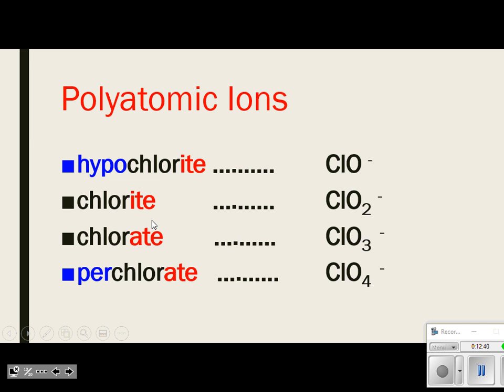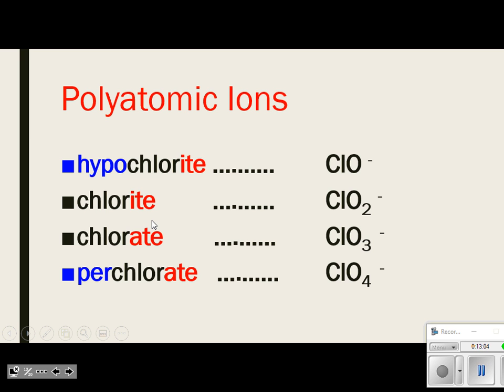What would perbromate be? Paige? BrO4, 1 minus. We add one oxygen to it. Okay? What would hypobromite be?